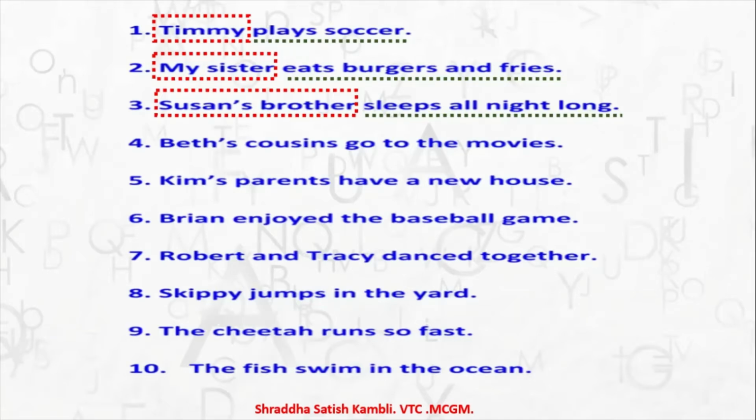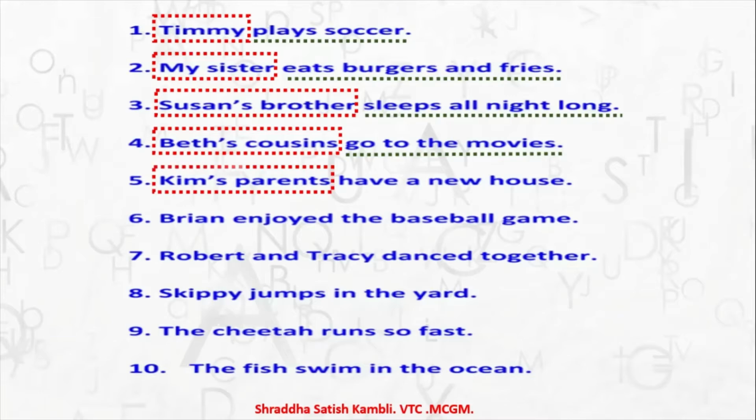Who goes to the movies? Beth's cousins. What did they do? They went to the movies. So Beth's cousins is the subject and go to the movies is the predicate. The last example here on this page, let me do it for you. Kim's parents is the subject. Have a new house is the predicate.